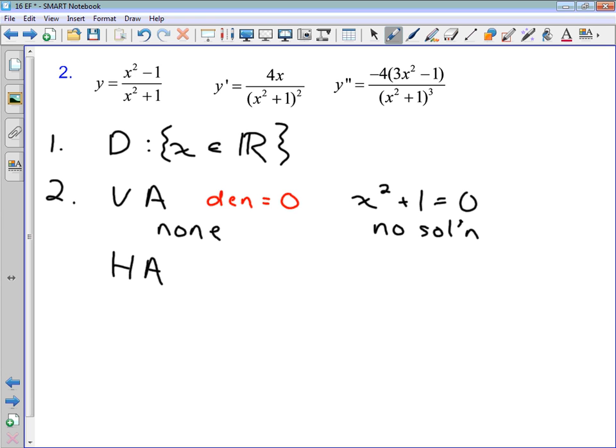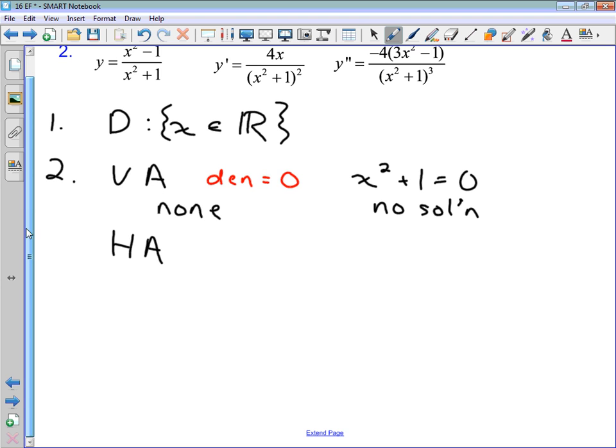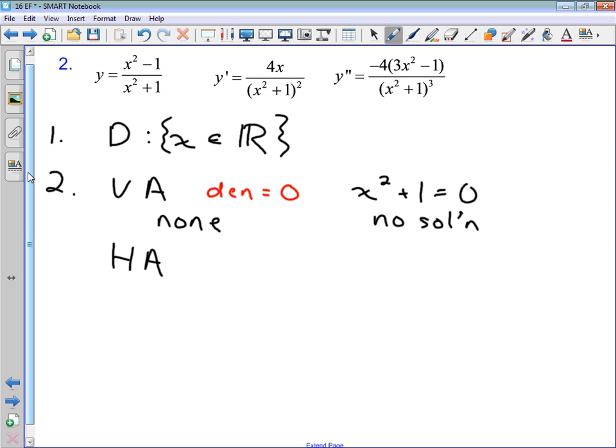Next up, horizontal asymptote. You can use whatever technique you want to find your horizontal asymptote. I'm going to think about this in terms of limits. So I'm going to take my function here and take the limit as x goes to positive or negative infinity, but I'm going to divide each term in here by the highest power of x.